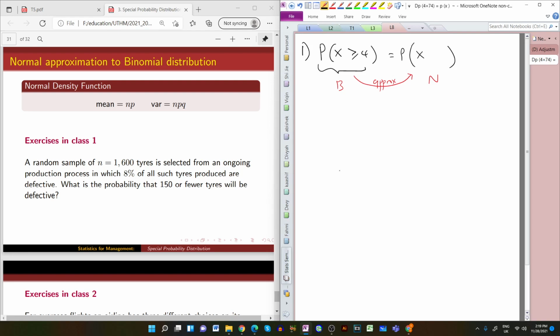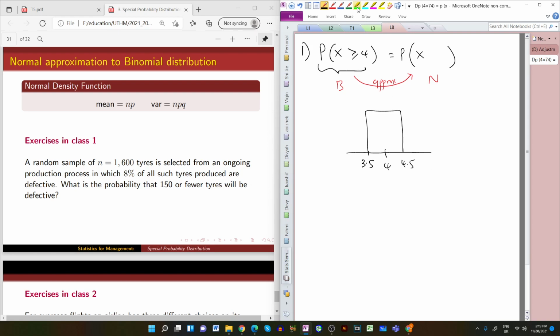So this is how I teach my students. Put a line here, put a 4 here, and put a box. When you put a box here, this point is minus 0.5, becoming 3.5, and on the other side 4.5.